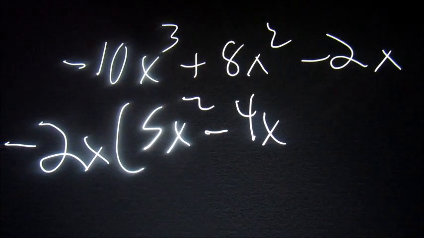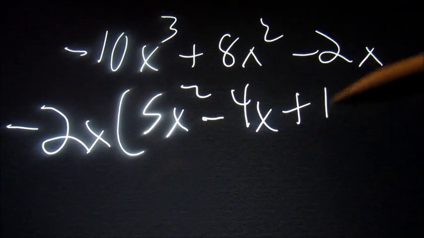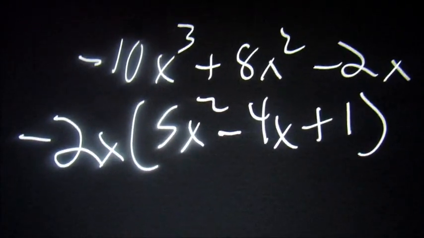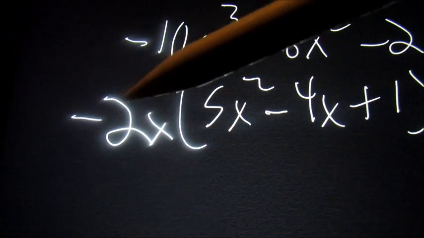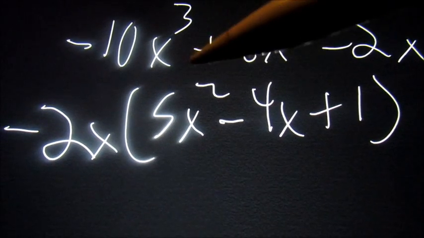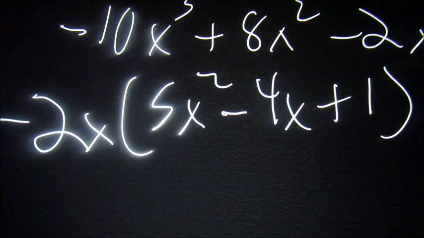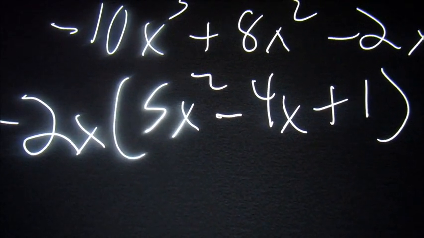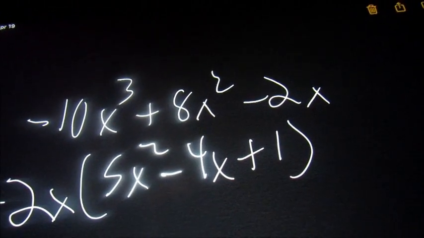And negative 2x divided by negative 2x is plus 1. So here, when I factored out the greatest common factor, I have negative 2x times, in parentheses, 5x squared minus 4x plus 1.